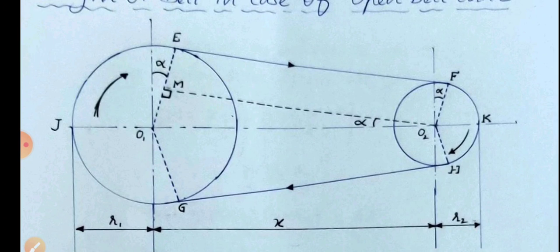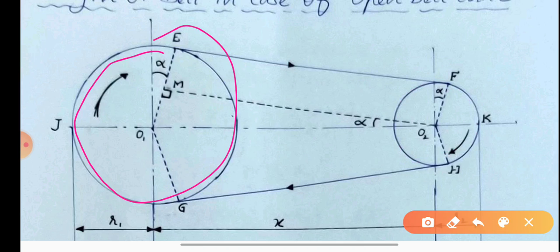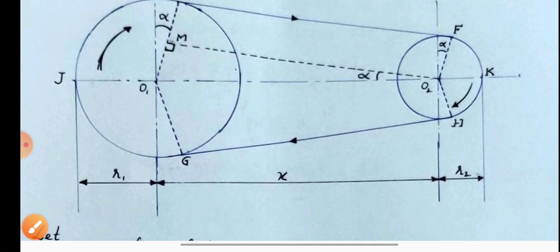You can see here we have a larger pulley and a smaller pulley. I will take R1 as the radius of larger pulley and R2 as the radius of smaller pulley as shown in figure, and I will take X as the center distance between two pulleys.